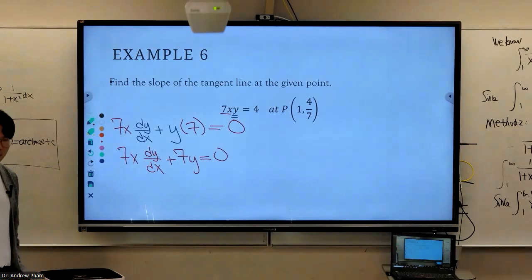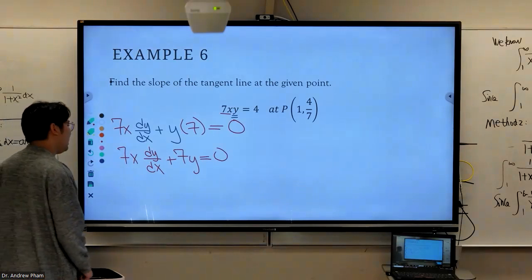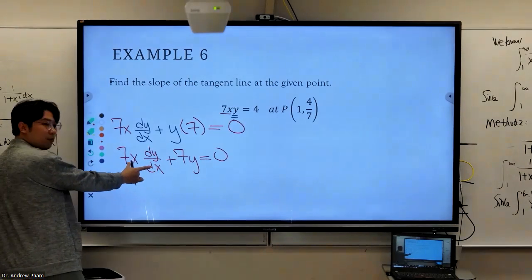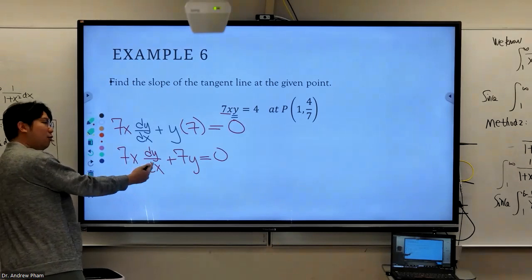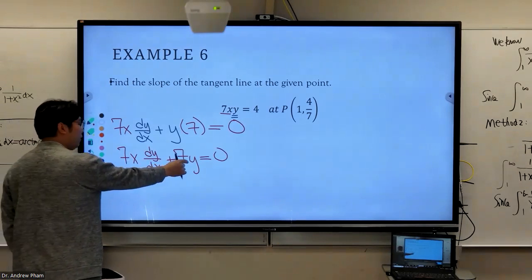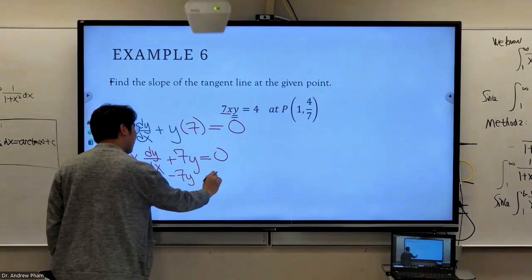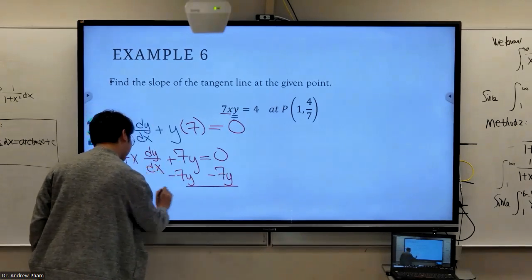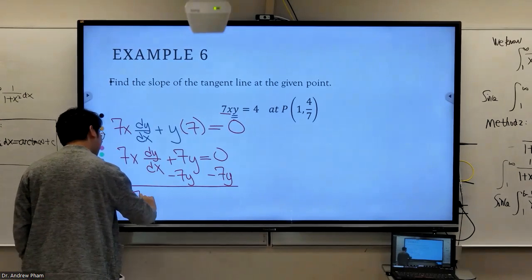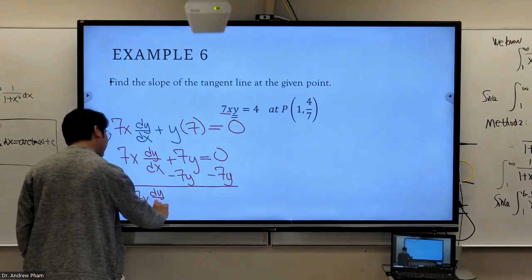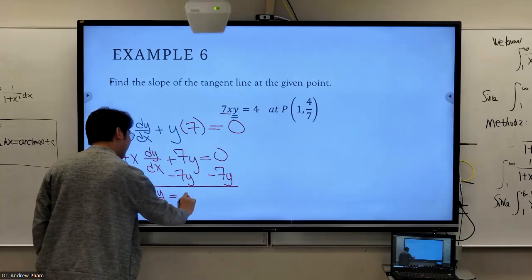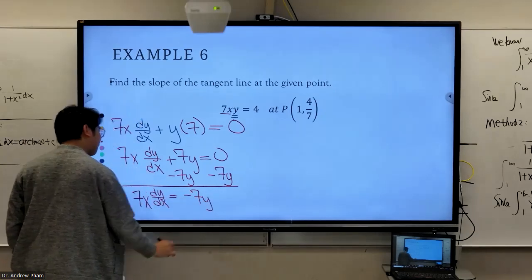I want dy/dx. To get dy/dx alone, only this one has dy/dx, so we would benefit from moving the 7y to the right. In other words, let's subtract 7y, and we get 7x dy/dx is equal to negative 7y.